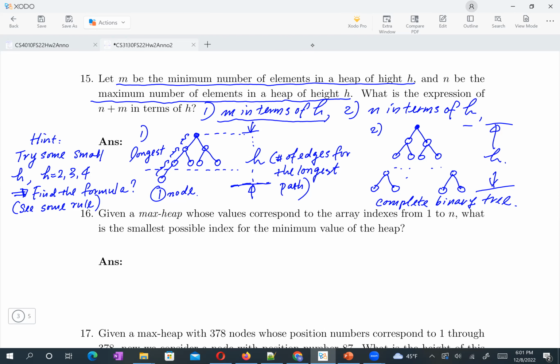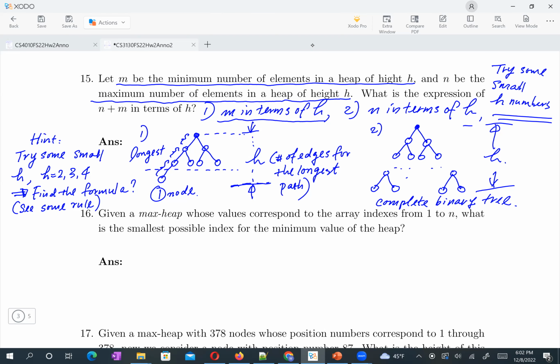If you are not sure, you can still try some small h numbers to find the rule. I think you won't miss it. So that is question number 15.